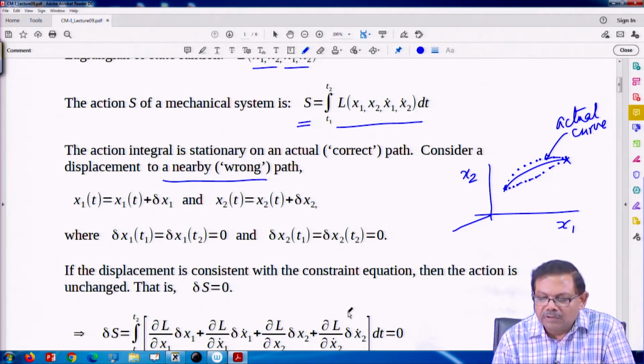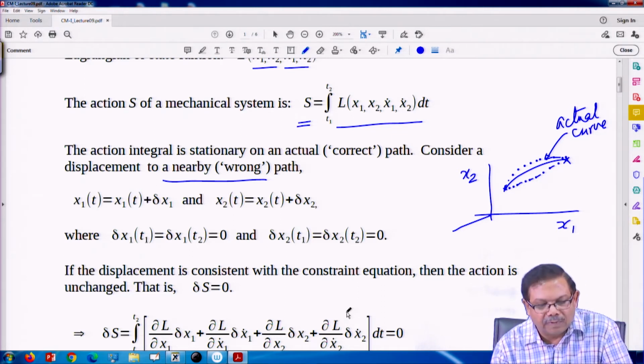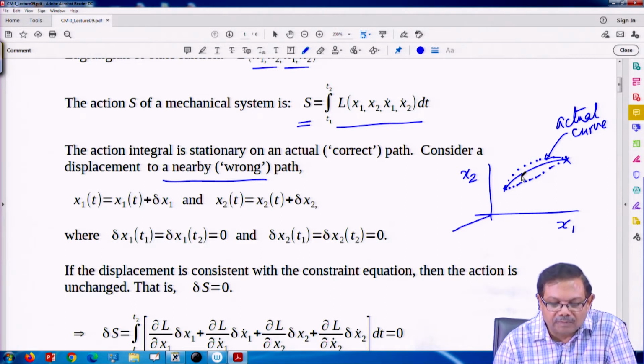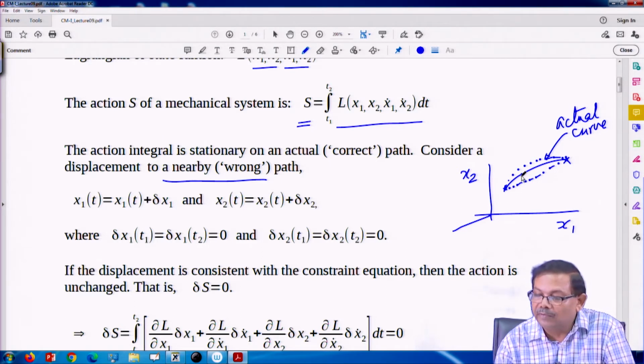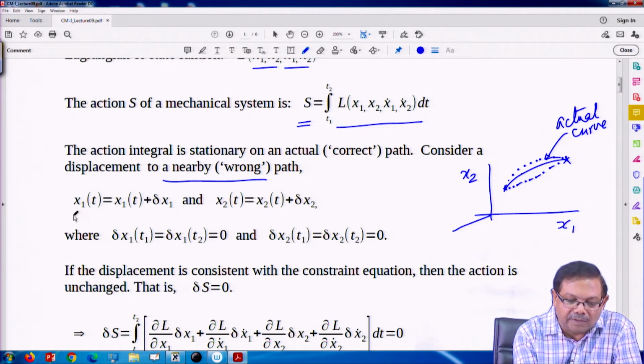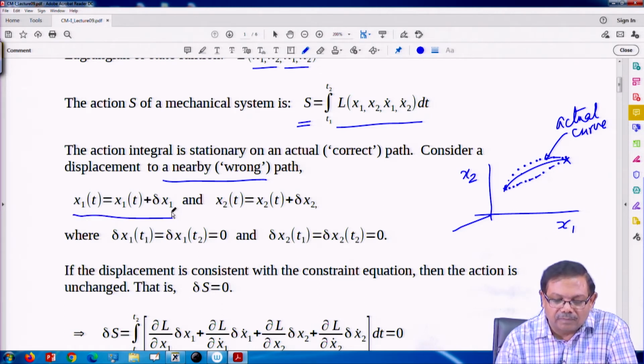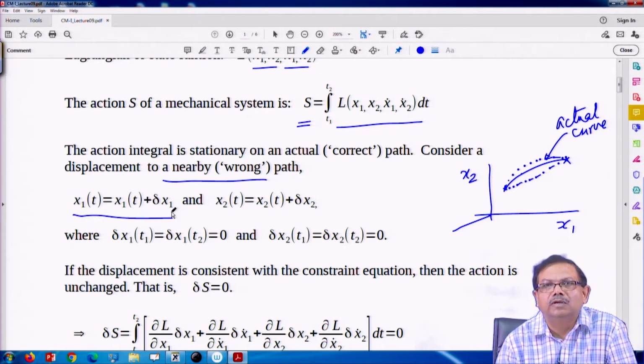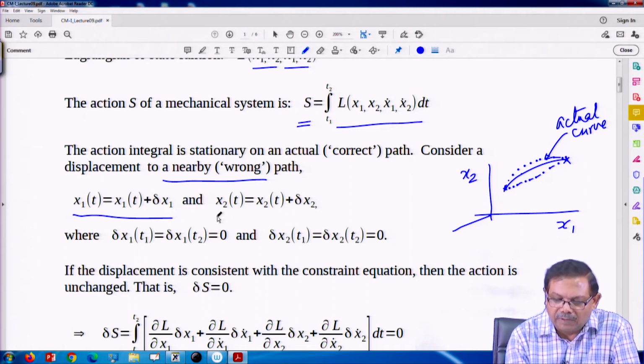Okay. So, at any location we can displace the curve a little bit along x 1 and x 2 such that we get the position of a new point on the nearby curve, not the actual curve, so-called wrong curves.